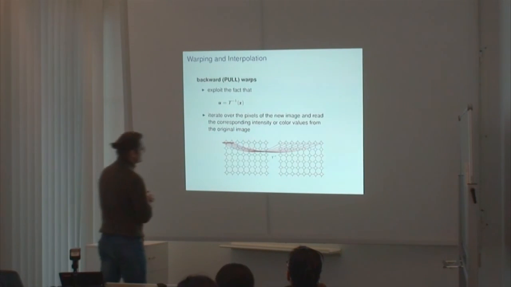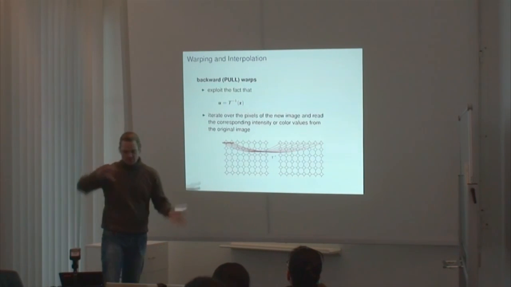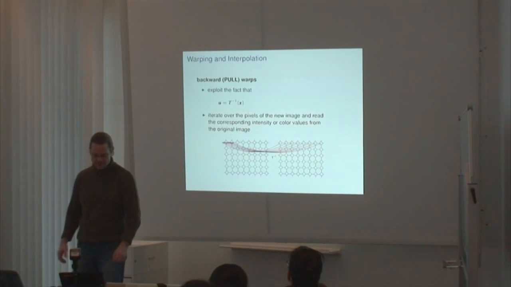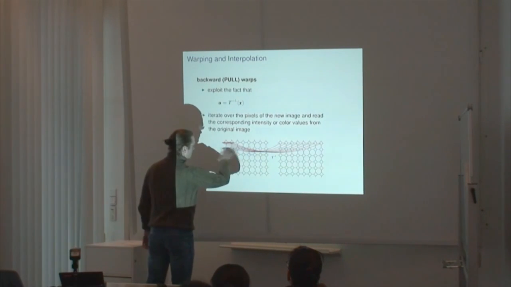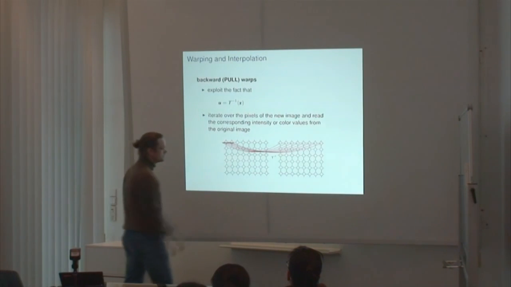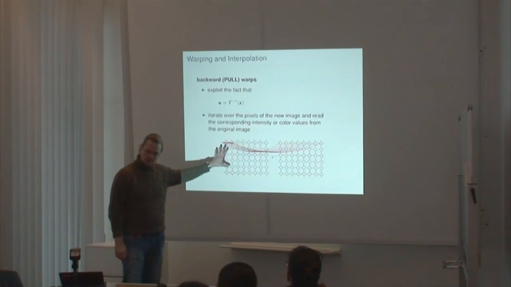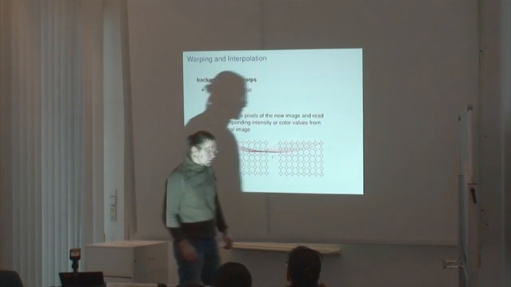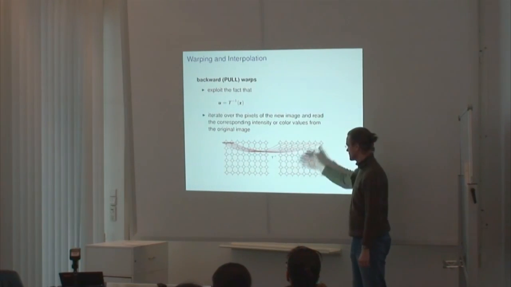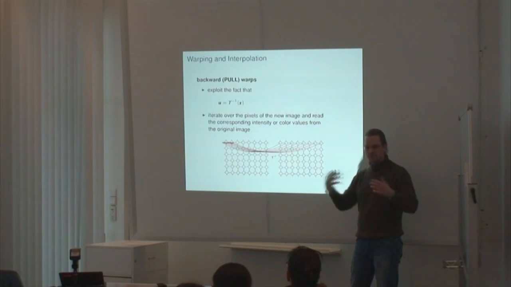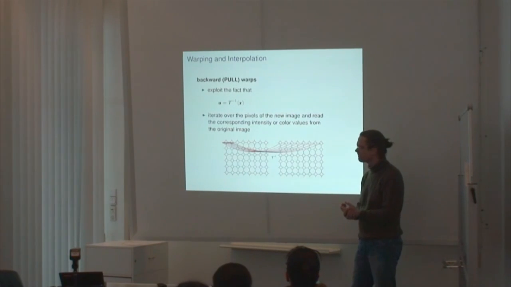A smarter idea would be to sort of turn this process upside down, which is to say, instead of iterating over all the pixel coordinates in the image we are given, we could also iterate over all the pixel coordinates in the new image that we want to create.